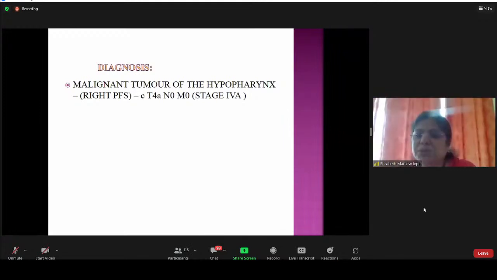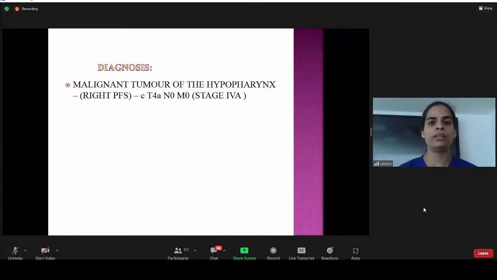So my last question will be, how will you reconstruct this case if you are opting for a laryngopharyngectomy? So, ma'am, the reconstruction modality would depend upon the size of the defect post excision of the primary. First of all, I'd like to evaluate the remnant pharyngeal mucosa for adequacy, vitality and texture.